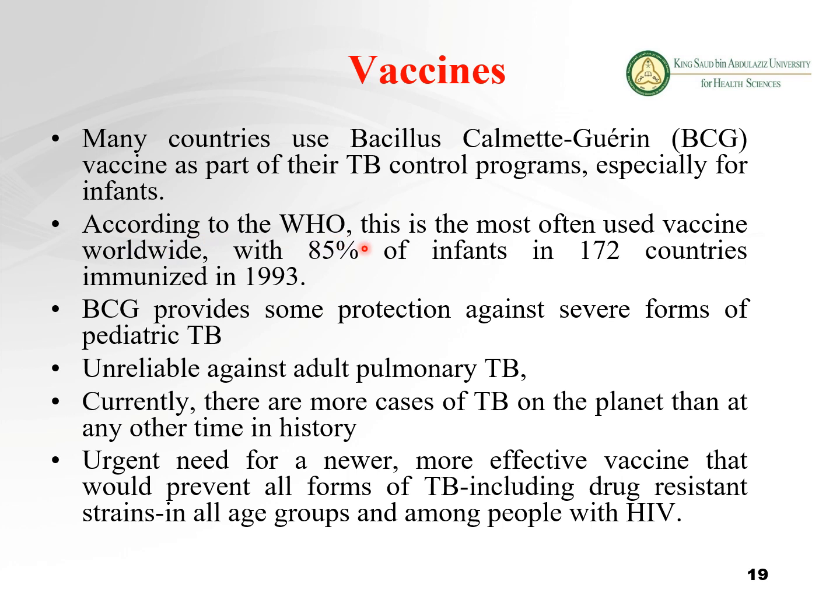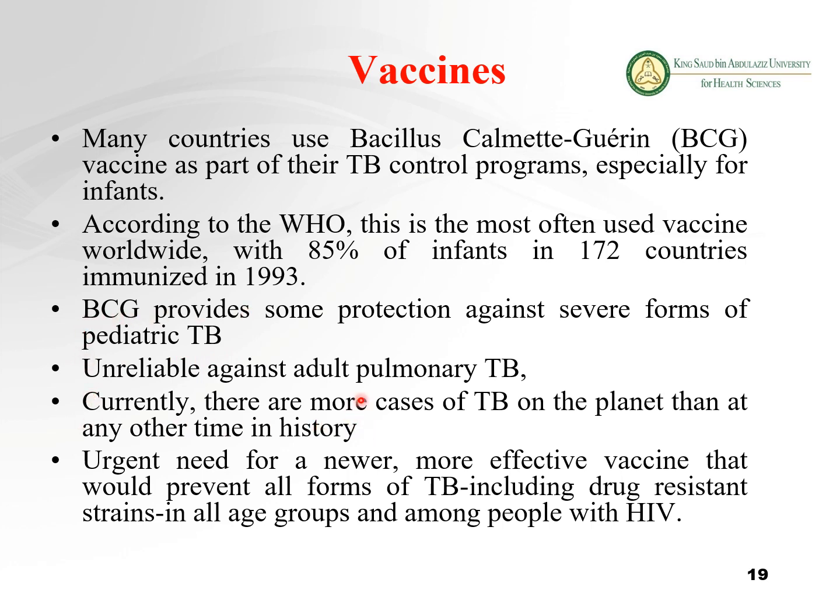According to the WHO, this is the most often used vaccine worldwide, with 85% of infants in 172 countries immunized in 1993. BCG provides protection against severe forms of pediatric tuberculosis, but is unreliable against adult pulmonary tuberculosis. That's the problem with this vaccine: it is effective only in pediatric tuberculosis in childhood.